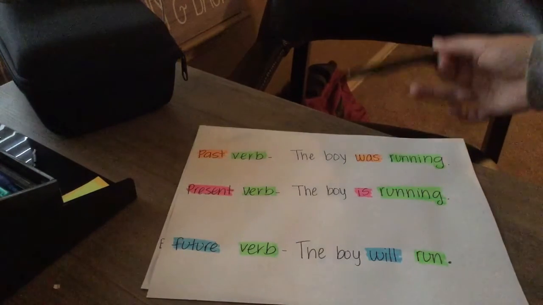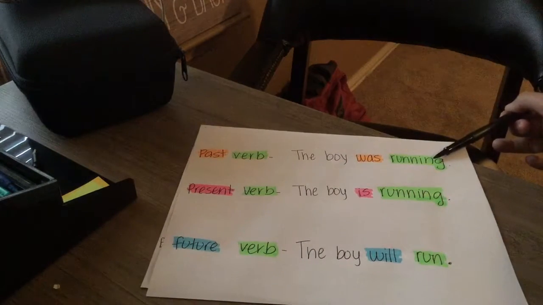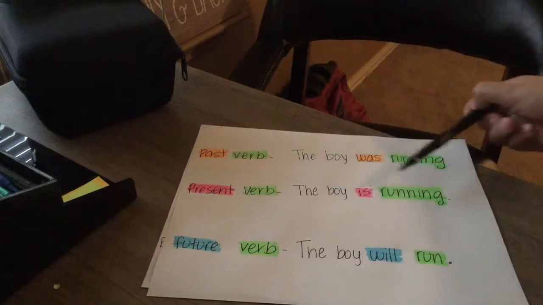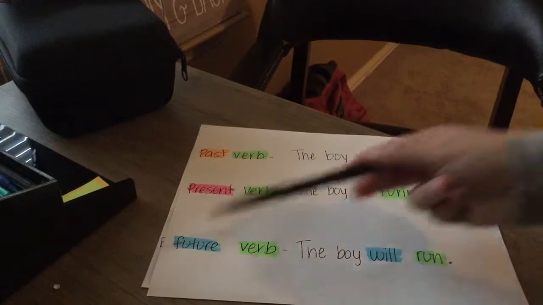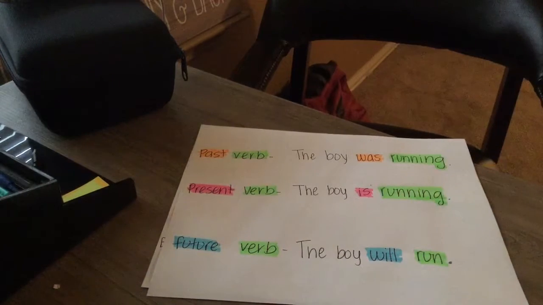A past verb. The boy was running. Okay, our present verb. The boy is running. And our future verb. The boy will run.